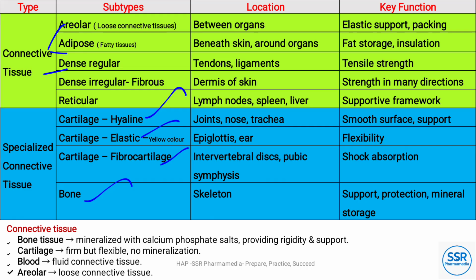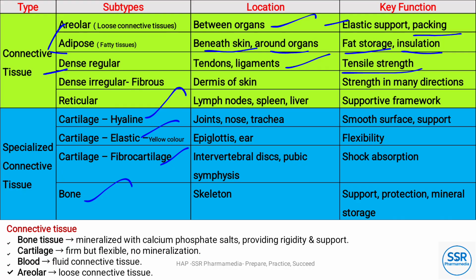Areolar loose connective tissue is present between organs, and its main function is elastic support and packing. Adipose connective tissue, fatty tissue, is present beneath the skin and around organs; its key function is fat storage and insulation. Dense regular connective tissue is present in tendons and ligaments; its main function is tensile strength.